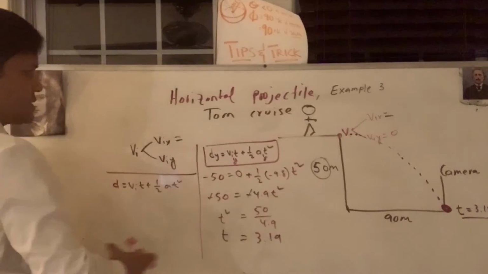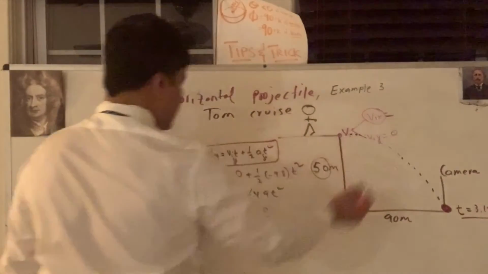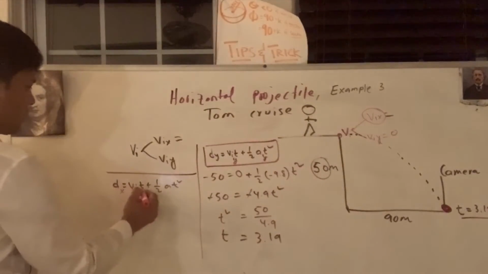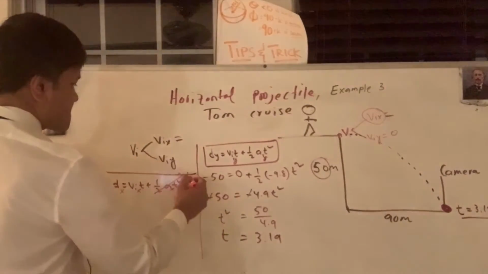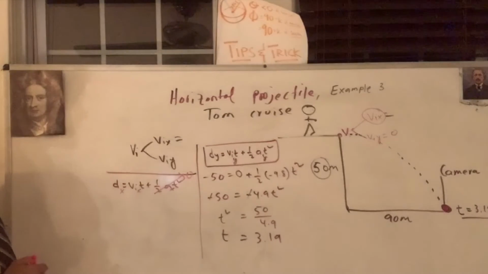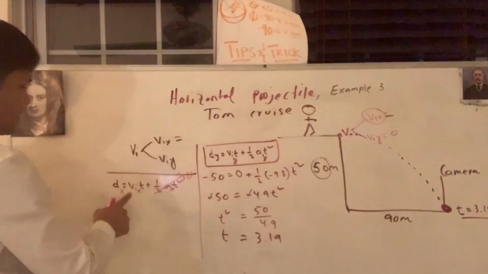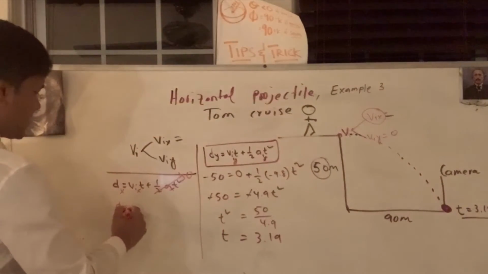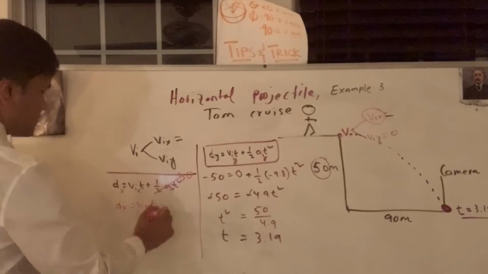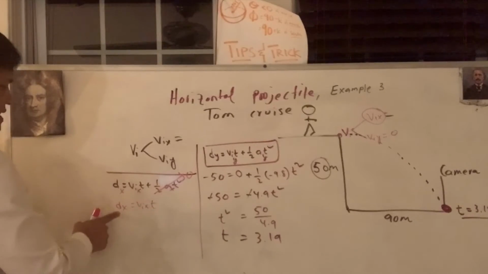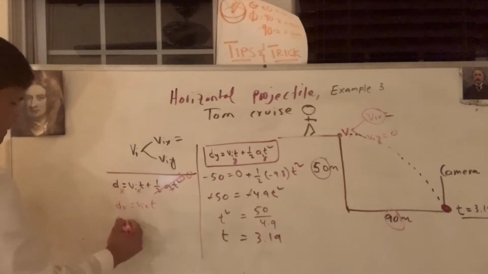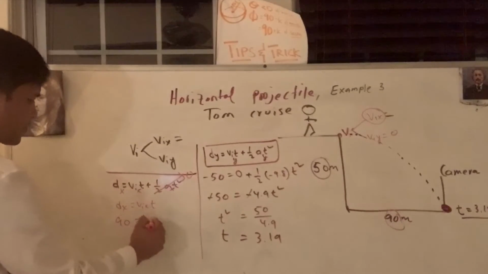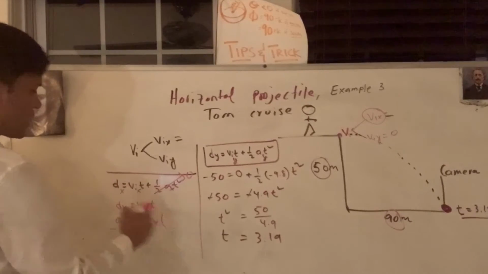Since we want to find the x component of the velocity, we have to use the x component of this formula. Acceleration due to gravity in the x direction is 0. So what survives is dx equals vixt. So dx, we already have that, 90. Vix is something we want to find, and t, we have that.